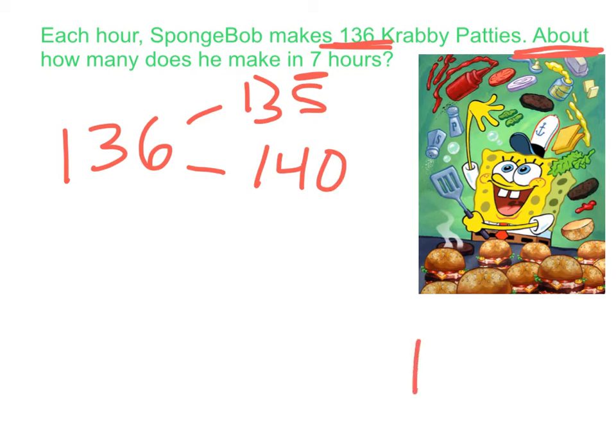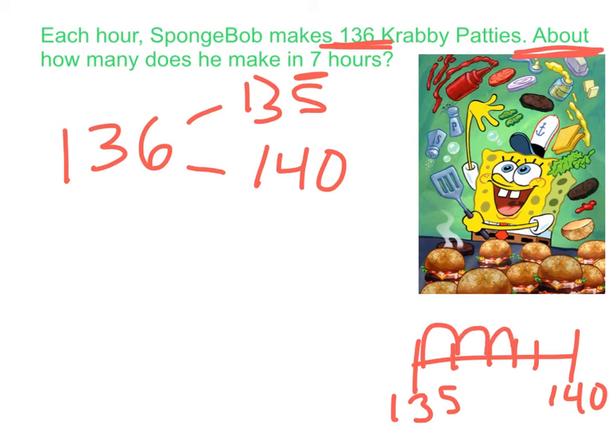Again, if we look at a number line, 136 is 1 away from 135 and 4 away from 140. I'm going to go with 135 because that's going to get me a closer answer, and it's still easy to work with.